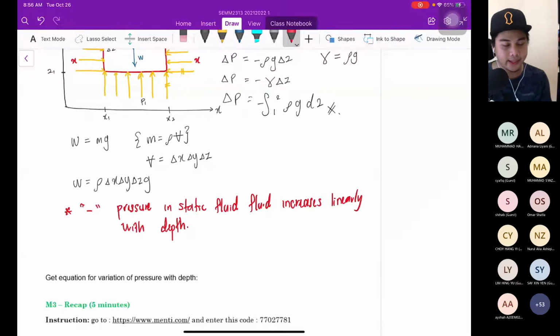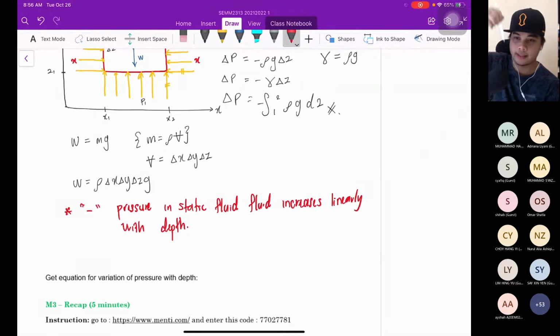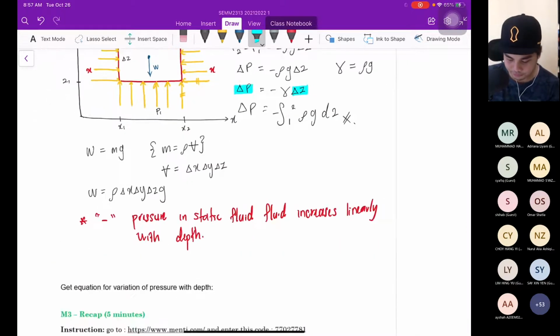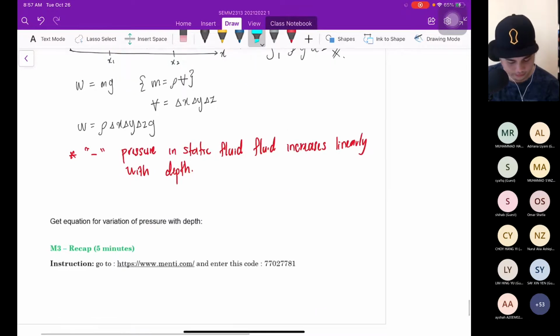That means the negative is just the direction, the direction from the top to the bottom, and it increases linearly with depth. You can see this is the equation of pressure with depth, so it is linear, y equals mx plus c.